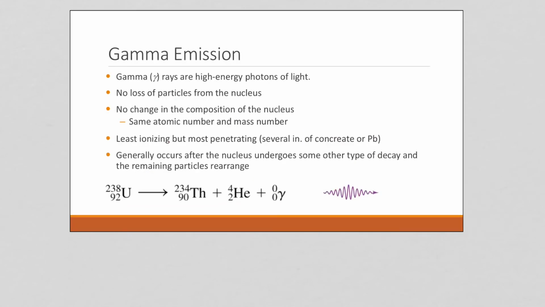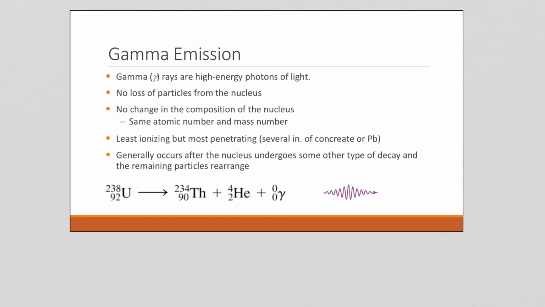Now, gamma emission. Gamma emission doesn't involve any change in the nucleus itself, because it's just an energy change. We're emitting high energy photons of light. So we don't have any change to the atomic number or mass number directly. Now, gamma is the least ionizing, so it has, in essence, the least ability to do damage, to ionize.